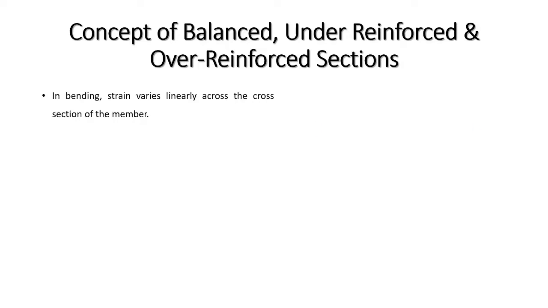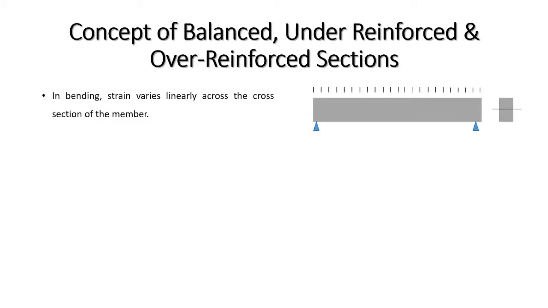So to understand this, let us consider a simply supported beam which is subjected to an external load, and due to this load the beam may get deflected, or the beam is subjected to flexural action.